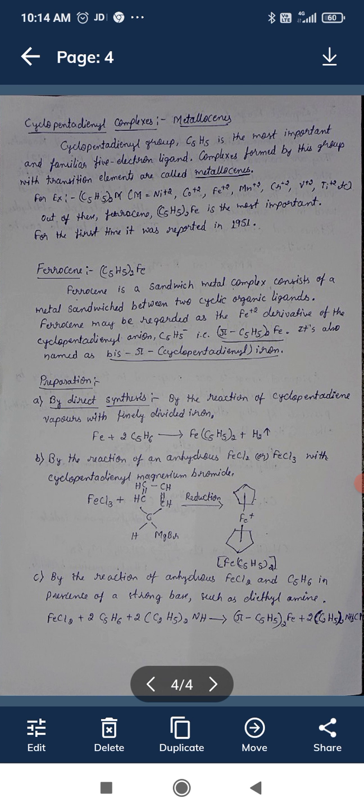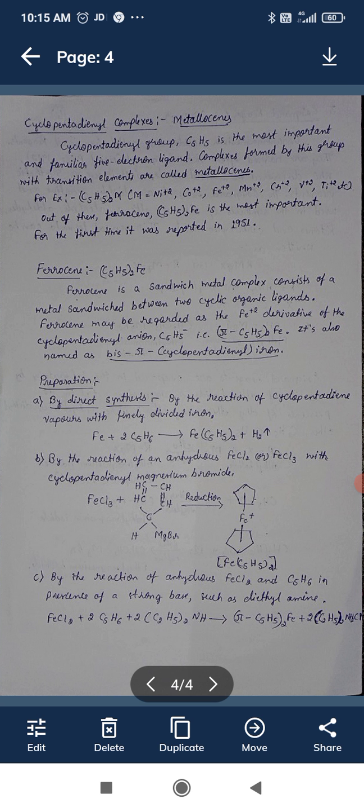Now coming to another part, metallocenes or cyclopentadienyl complexes. The cyclopentadienyl group C5H5 is the most important and familiar 5-electron ligand. Complexes formed by this group with transition metals are called metallocenes.